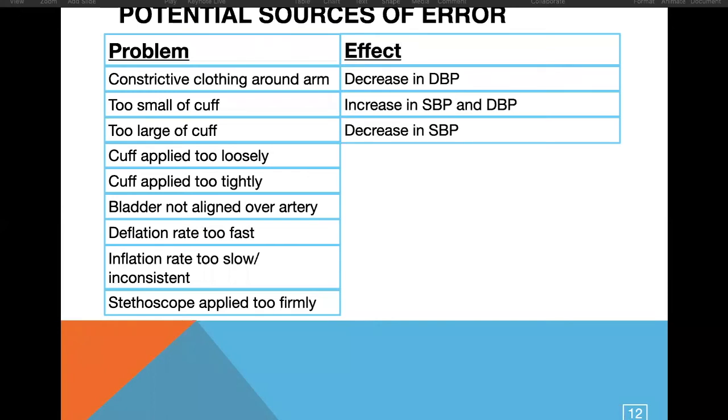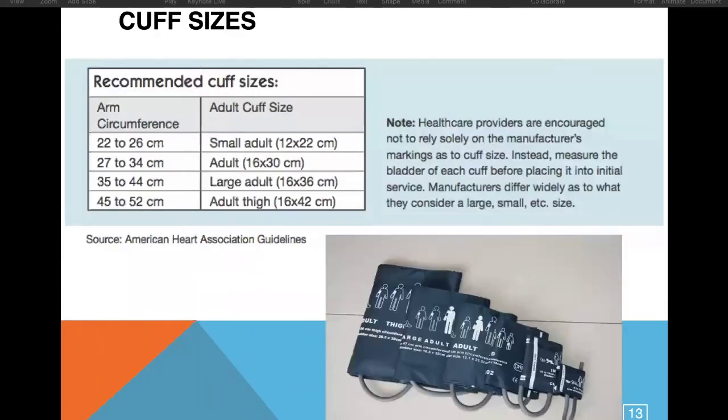So let's look a little bit at cuffs for a moment. Cuffs come in a variety of sizes. Generally, we use an adult cuff, but there are large adults. There's also adult longs, where it's the same width of cuff, but it's a longer cuff. We have thigh cuffs, we have pediatric cuffs, we have infant cuffs.